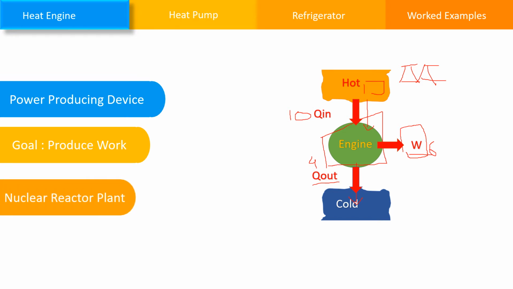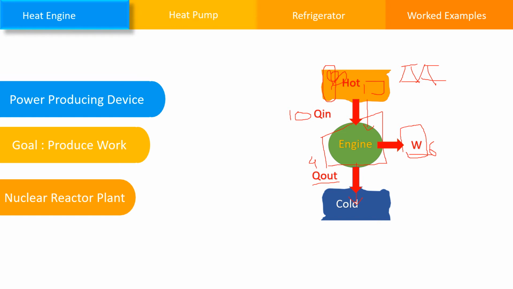So the nuclear reactor plant fits right into it. This diagram can be applied to any practical engine system. For example, let's take the internal combustion engine of a vehicle, a two-wheeler or a four-wheeler. Whatever fuel we are burning generates very high temperature and flue gases. They are considered here as the hot reservoir.